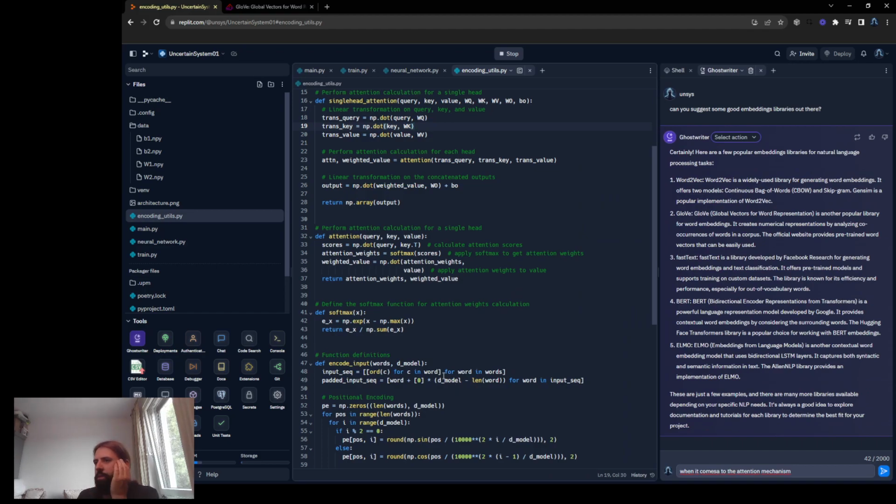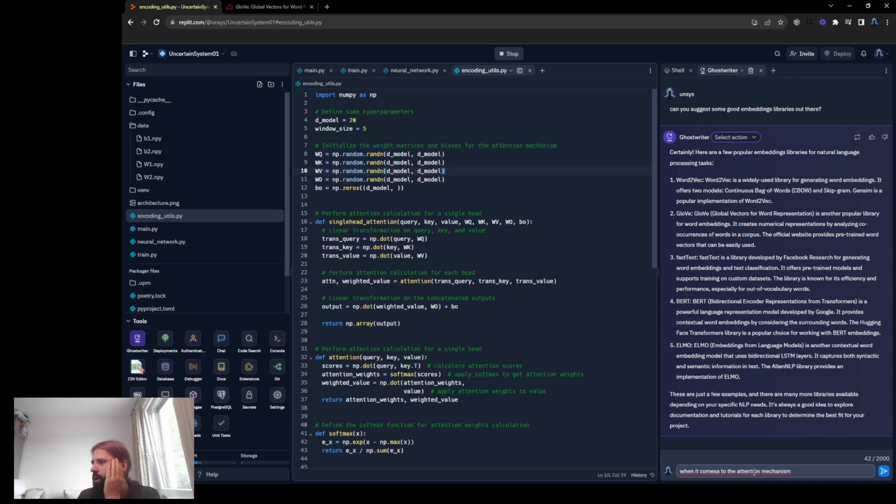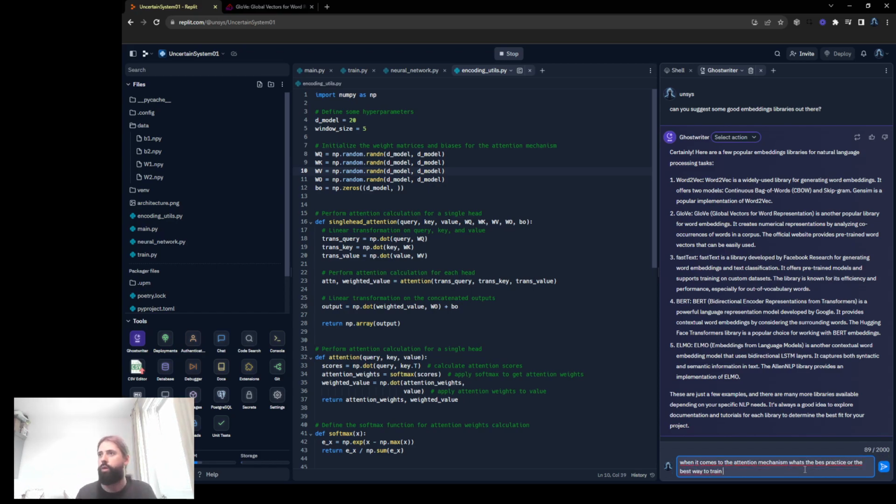It was just looking at similarities, but it was not really training anything at all. How do I train the attention mechanism? What's the best practice, or the best way to train the WQ, WK, WV, WO matrices?